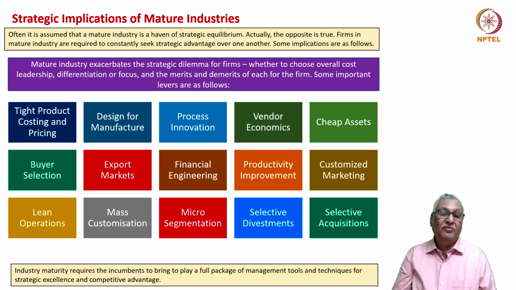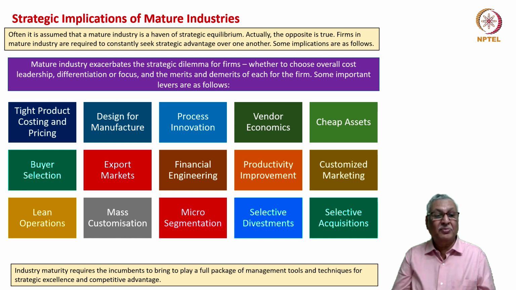And the levers that are available for mature industry companies are many. But how we apply them with reference to the generic competitive strategy and the competitors is a matter of judgment. That's where CEOs and CXOs need to deliberate such that they have a mature industry strategy that will be competitive.